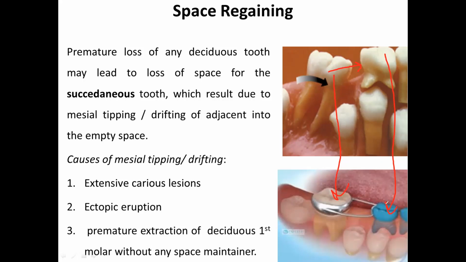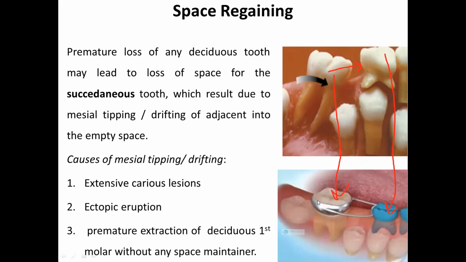But here you see we have given some sort of appliance over the teeth which are present adjacent to the empty space, which is this space, and this appliance prevents both the teeth, the 6, which was drifted over here, as well as the deciduous tooth, which is present over here, from tilting.